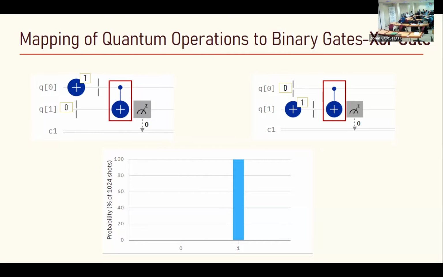So quantum analog to AND gate is a Toffoli gate when the output is taken at the target qubit. Okay?